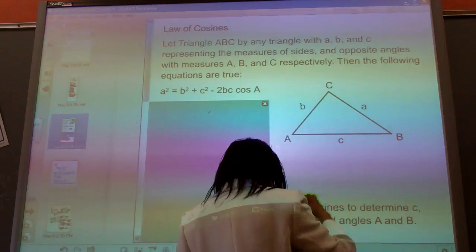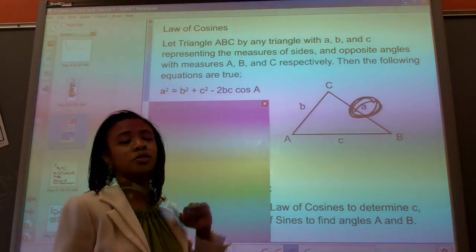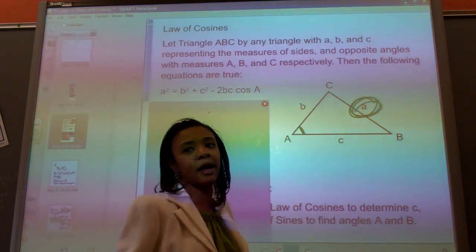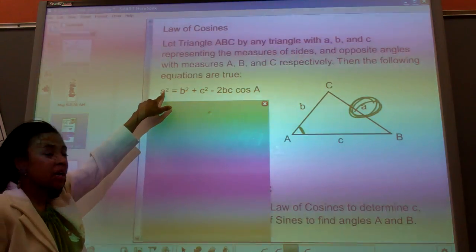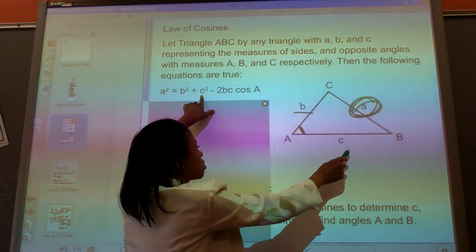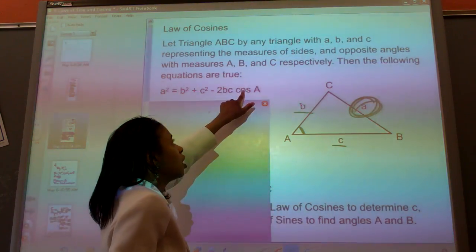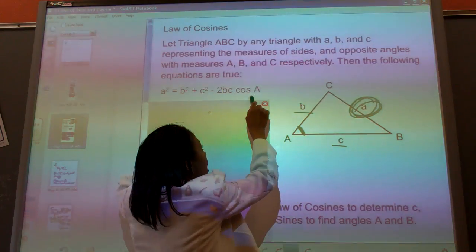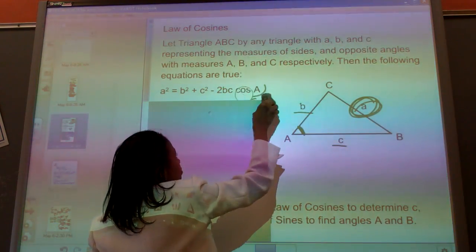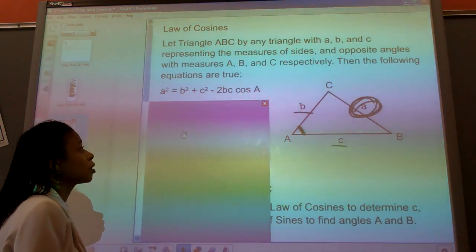All I need in order to find side a is b and c, the other two sides, and the measure of angle A. So the equation to find side a is a squared is equal to b squared plus c squared minus 2bc cosine of that actual angle A. So I'm using side a and then angle A right there.